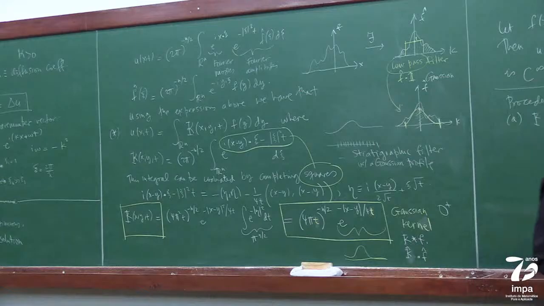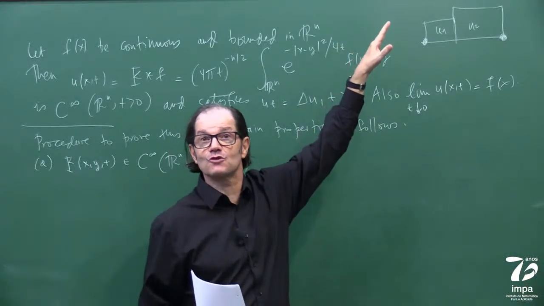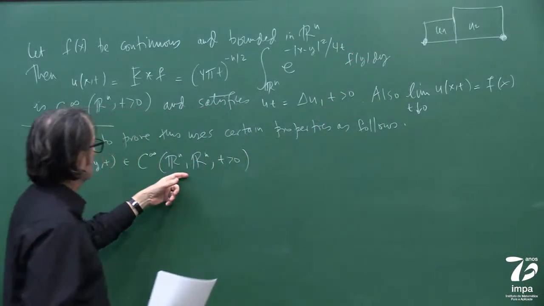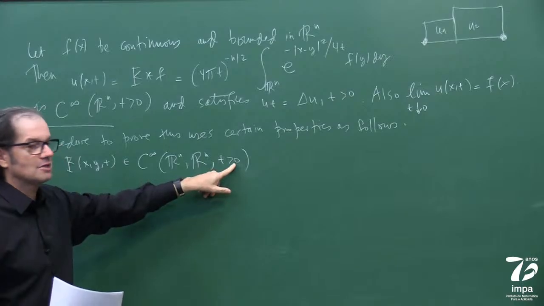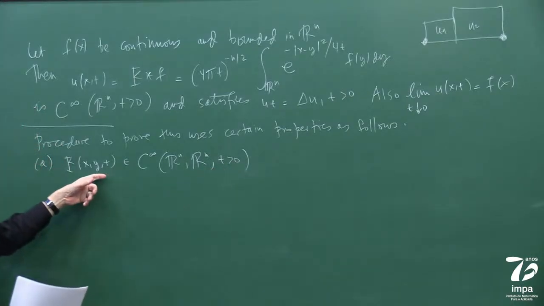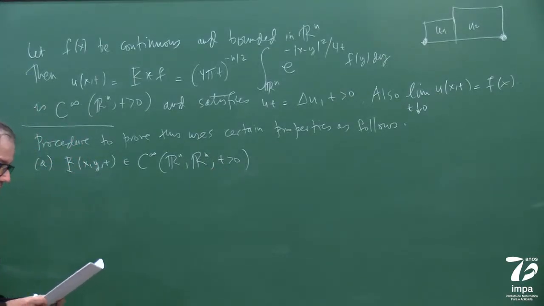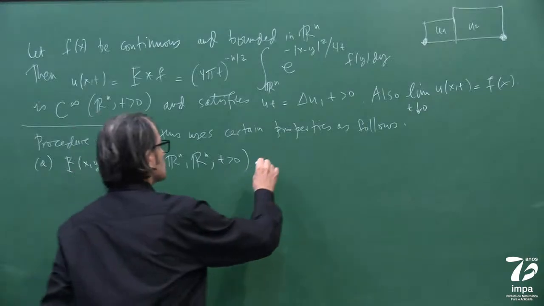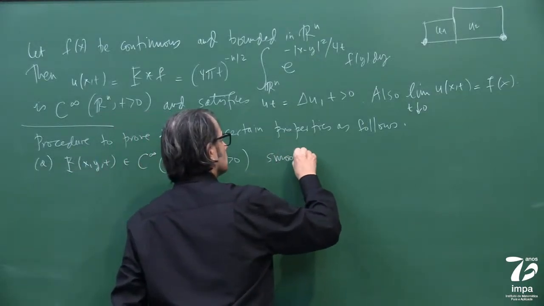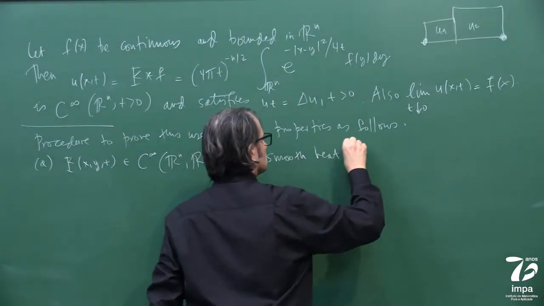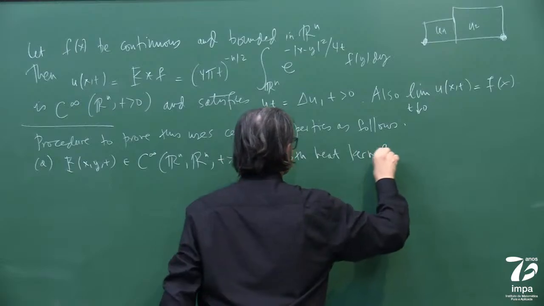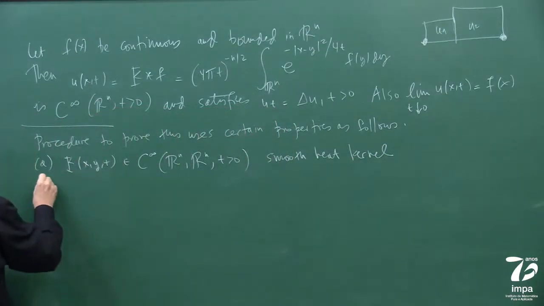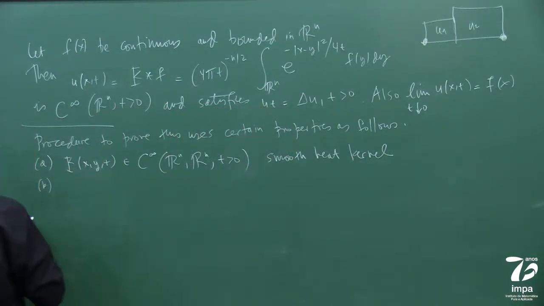So of course there's going to be a very sharp transition, but smooth transition for the temperature. And this guy here, for time positive, is smooth, right? So that's not difficult. So this is a smooth heat kernel. And then B.